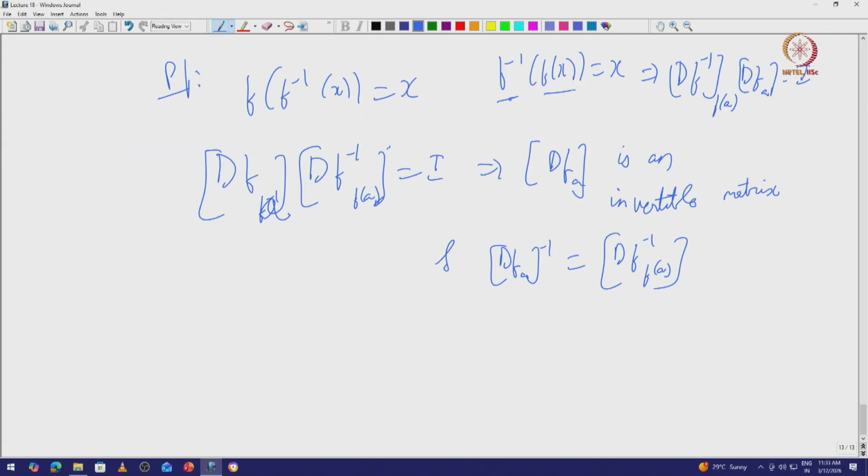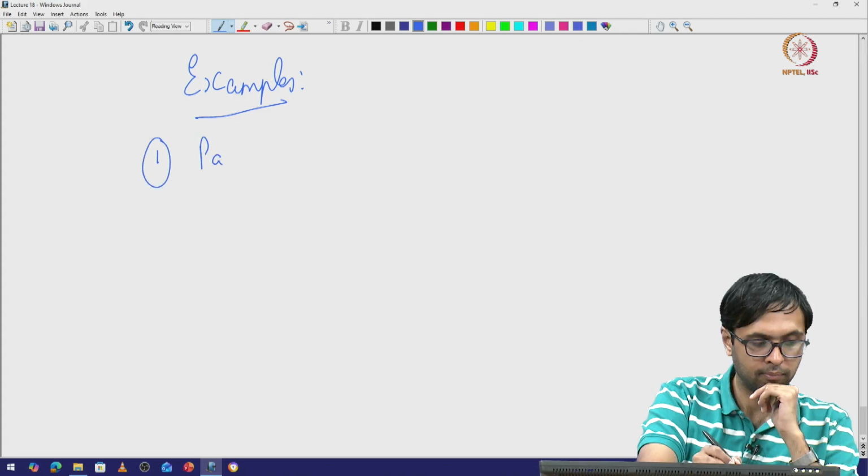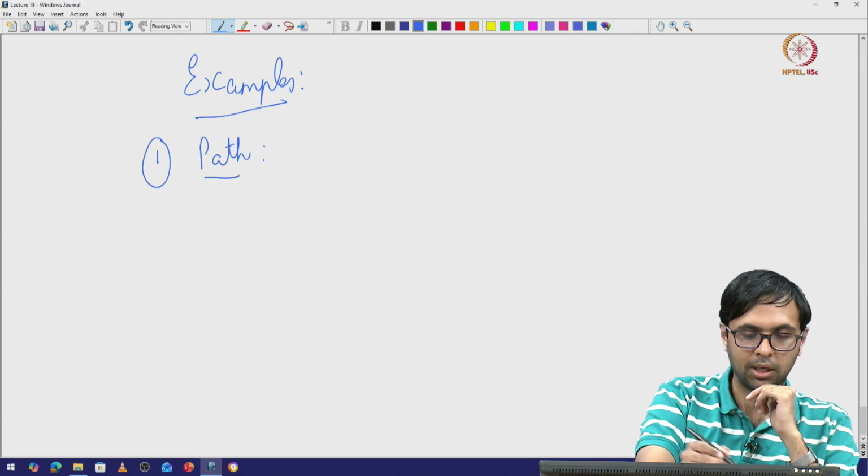Okay, so we will return to this a little later when we deal with the inverse function theorem. Here are some more examples of the chain rule if you wish. So suppose you have a path. What is a path?